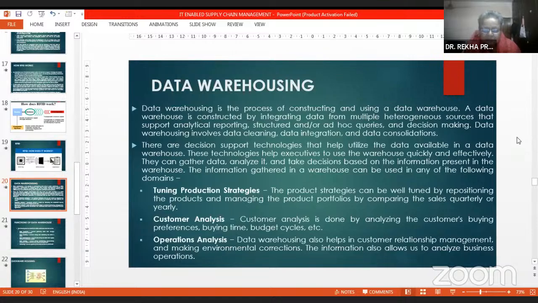There are decision support technologies that help utilize the data available in a data warehouse. A decision support system helps you in taking decisions. If you don't have the information, suppose you want to take admission somewhere. Now, because of the internet and information technology, data about all the available colleges is at your fingertips.